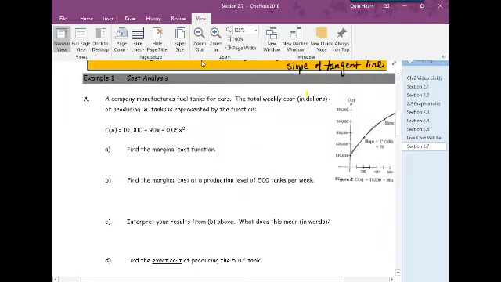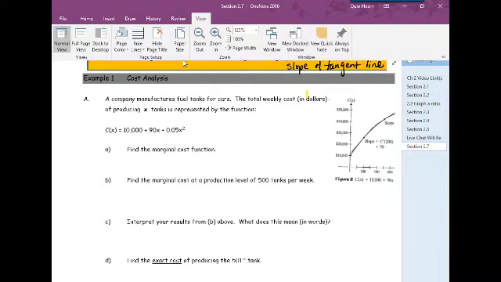We're supposed to find the marginal cost function, find the marginal cost at a production level of 500 tanks per week, and interpret the results. What does it mean in words? Okay, we'll start with that.